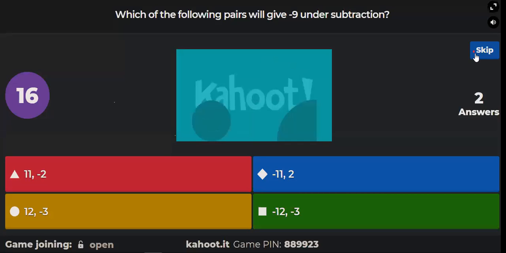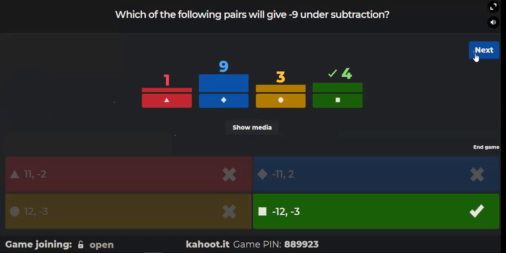Quick, let's answer. Only 4. See, under subtraction. That was the trick. It is not under addition. Most of you did under addition. Minus 9. Under subtraction, it is minus 12. Minus of minus 3, so it is minus 9.